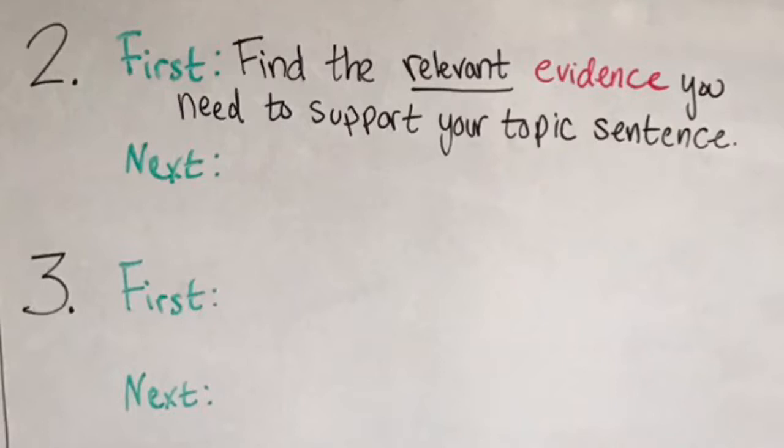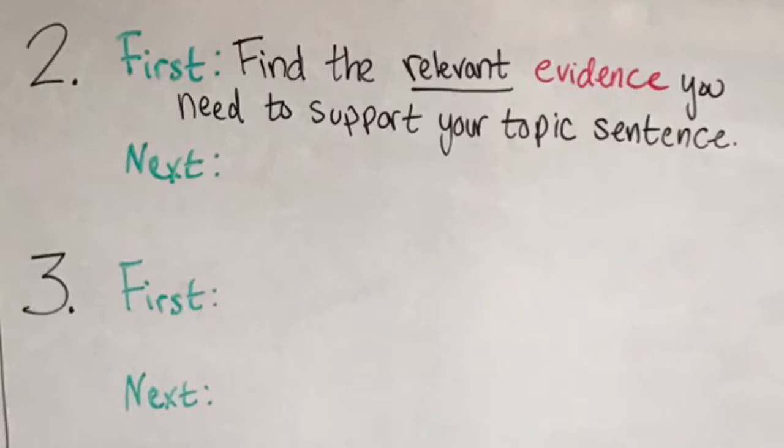It's got to be directly related to your answer. Don't just close your eyes and point to a book somewhere randomly and say, oh, that's my quote. Make sure that it really is specifically targeted toward the answer of your question. I know it's tempting to just pick any old sentence, but really do take some time to find relevant evidence.